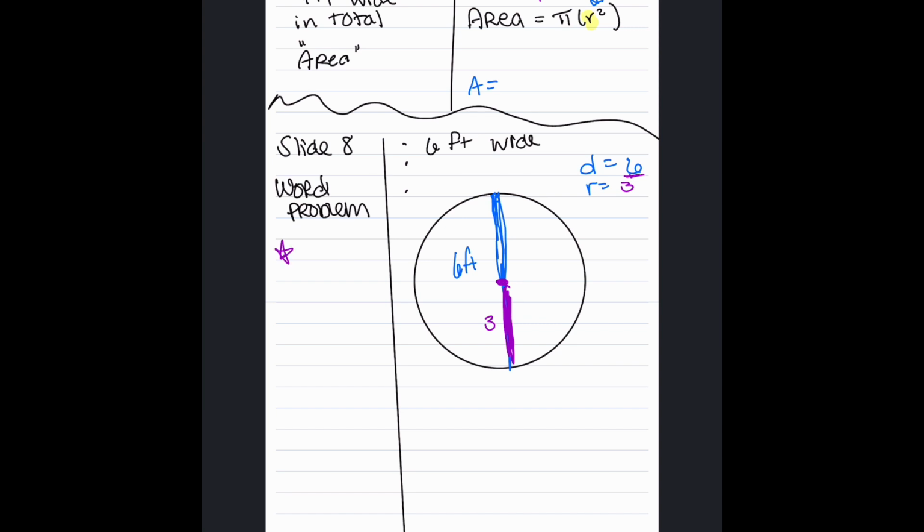You can put it at the top of the notes that the radius is always half of the diameter. I know this is sloppy, my bad. But the radius will always be half of the diameter. That diameter is 6 feet because it said the jacuzzi was 6 feet wide. And so the radius is half of that, which is 3.